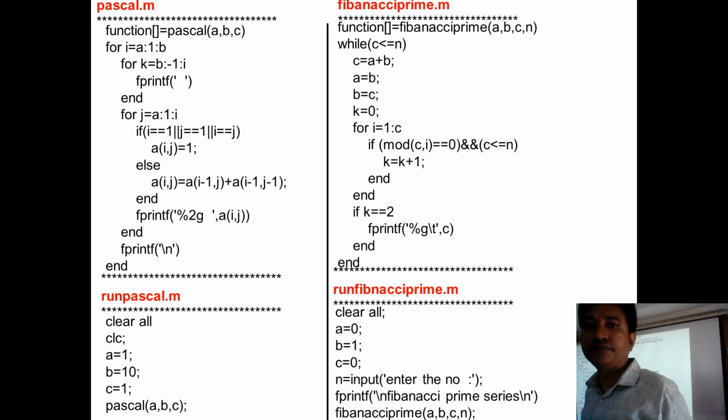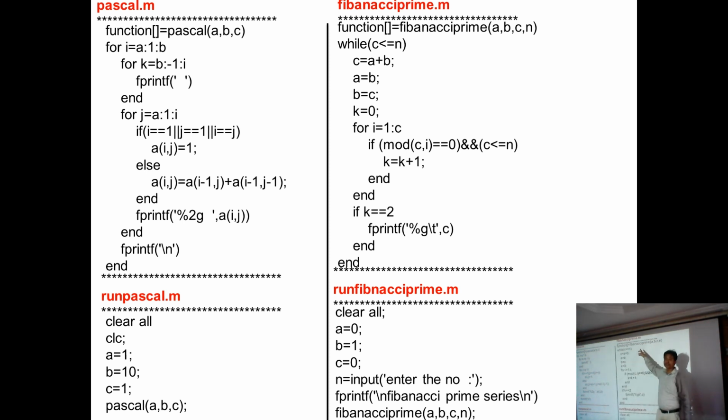Okay. Look at Pascal triangle. You have to print a triangle. Binomial coefficients. Three inputs I have read, and I have sent three inputs, and the logic is the same. We have done all these things. And Fibonacci prime numbers.